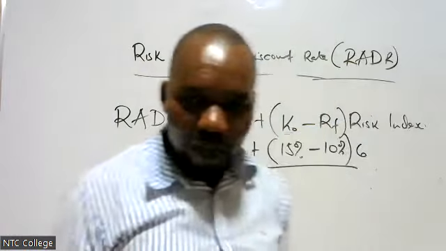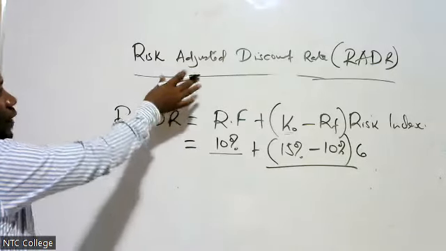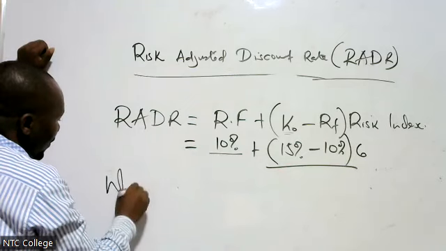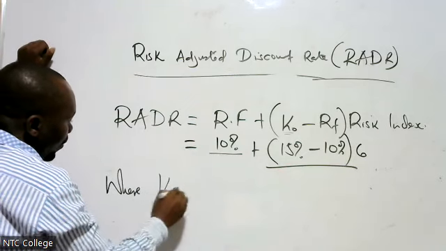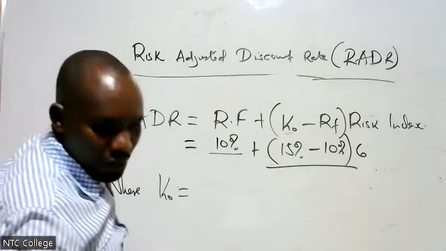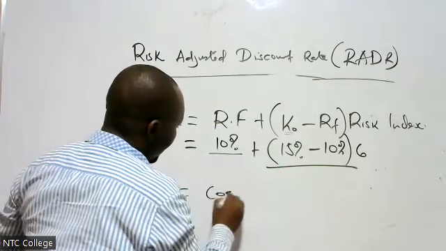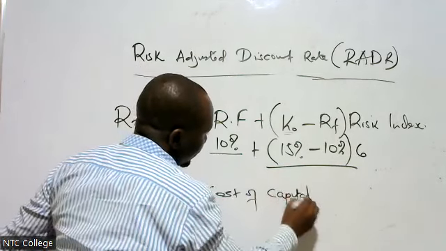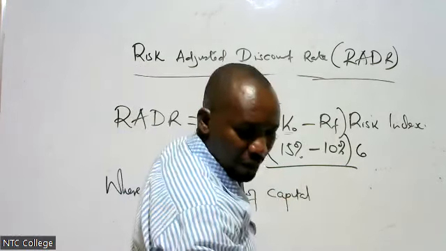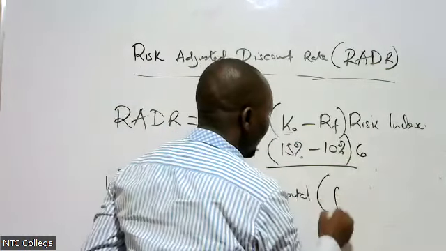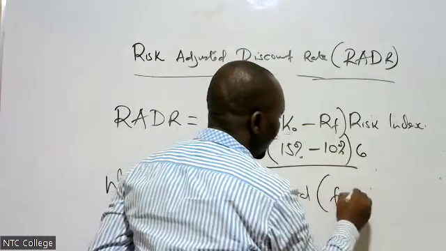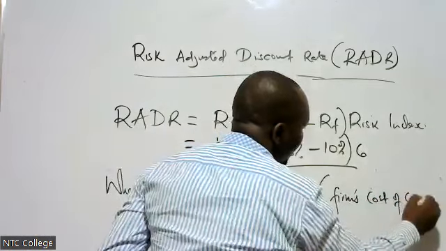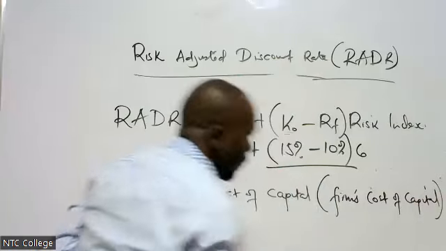So I hope that you've written this. Now you can write, where KO is equal to cost of capital, or the firm's cost of capital before adjustment.